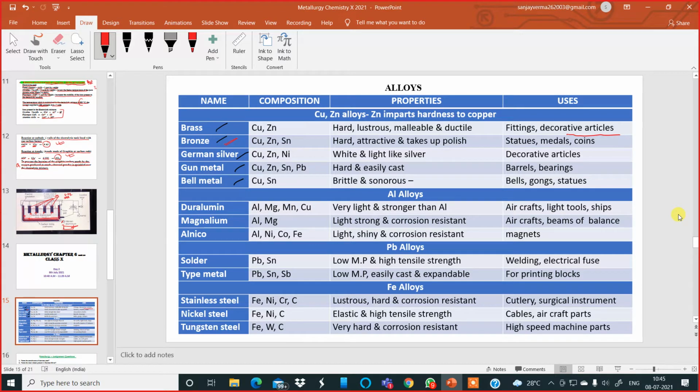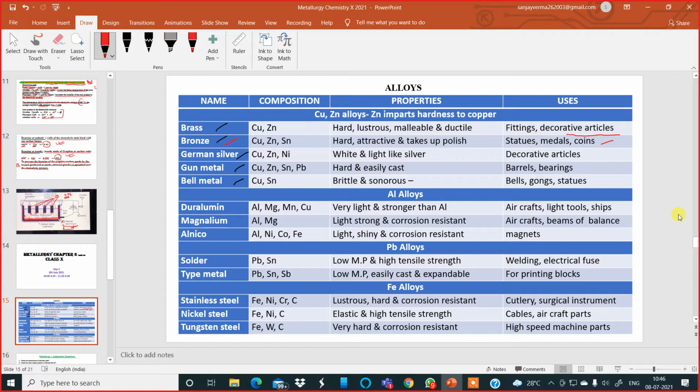It can be polished to make it lustrous. Uses of bronze: it is used to make statues, medals during the Olympics, bronze medals, and coins.